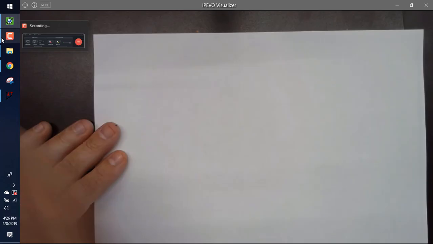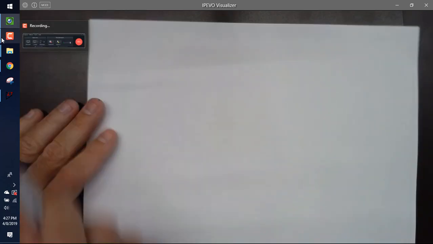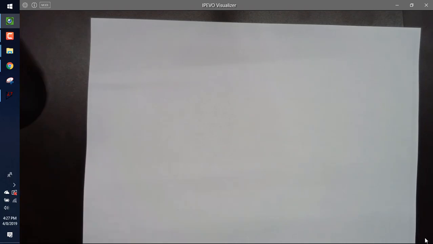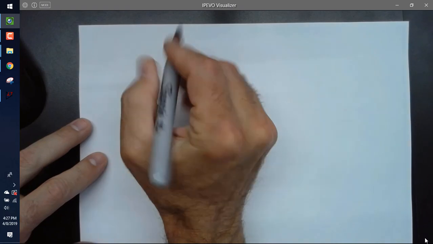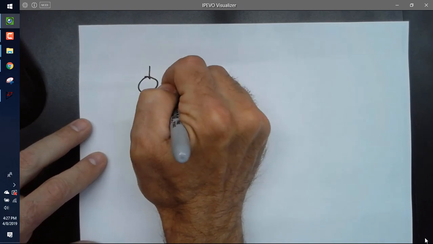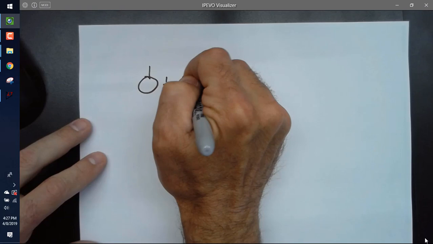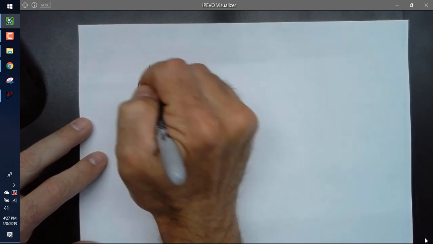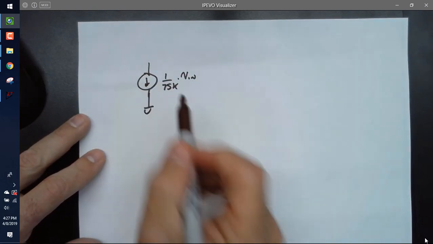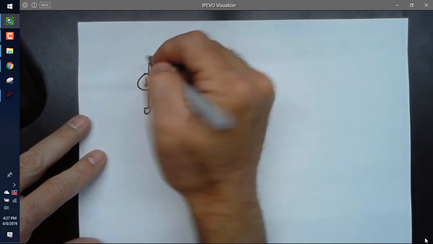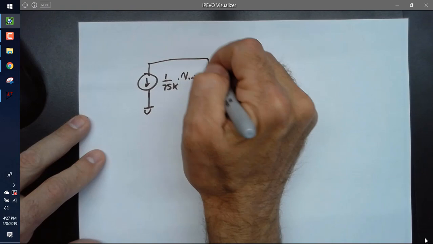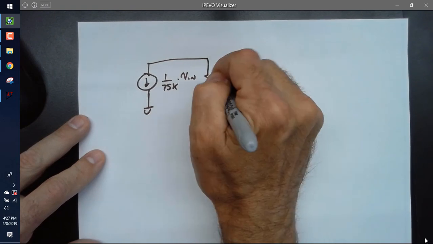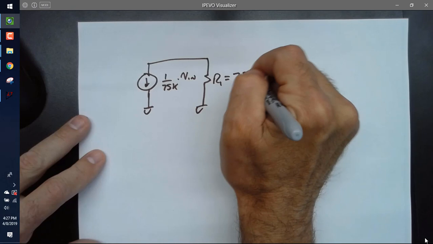I said this is 1 over 75K times V in. And I said it's AC, so I'm not going to worry about this being minus. And the amplifier's inverting, so the GM would be minus.